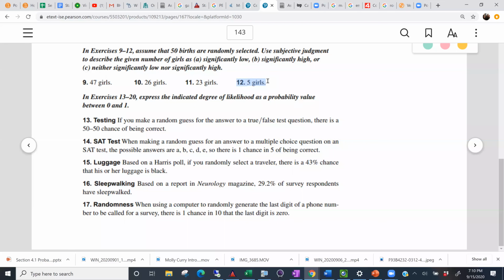But the probability of that is really low. It would start out with 8 zeros and then a 2. So if you got 5 girls out of 50 babies, there's something going on, because that's unnaturally low. So for this one to be significantly low, it's much less than you would expect.